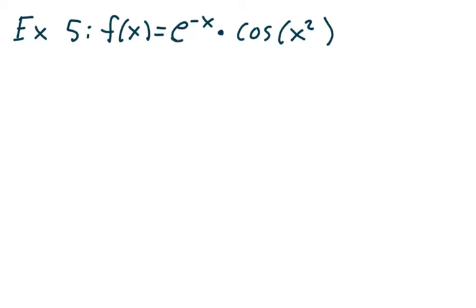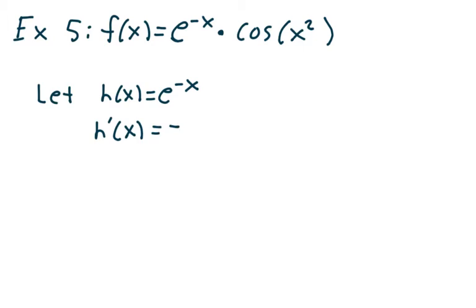I'm thinking this will help you guys. So what I'm going to do is I'm going to let, we'll call it h of x equal e to the negative x. So I claim h prime of x is negative e to the negative x. So if you apply the chain rule, I claim this is what you're going to get.